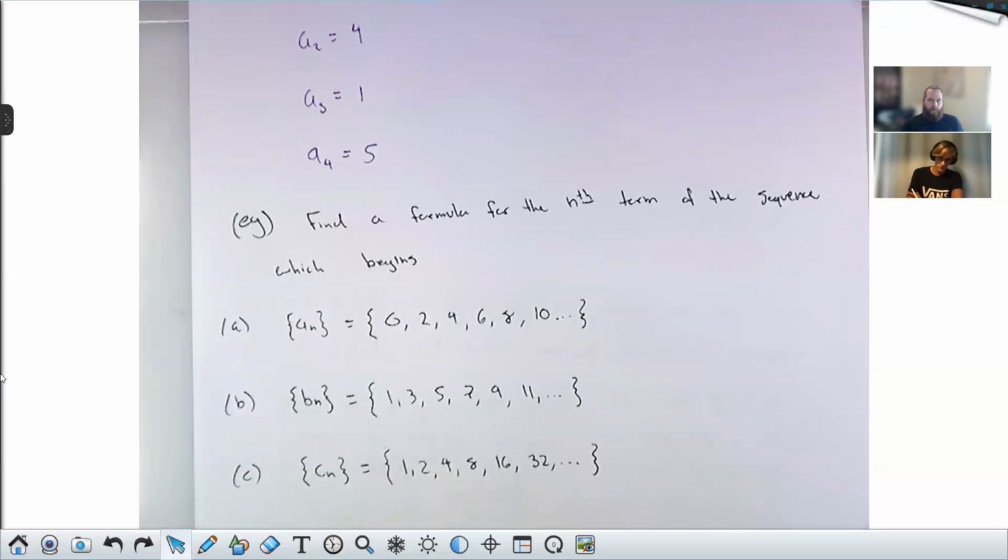So what I'm looking for in each of these is an algebra formula, right? Just write an equals blah, blah, blah, you know, and maybe it's n squared or 1 over n cubed or something like that.